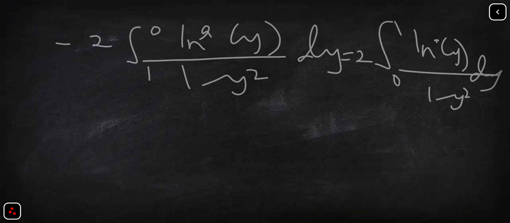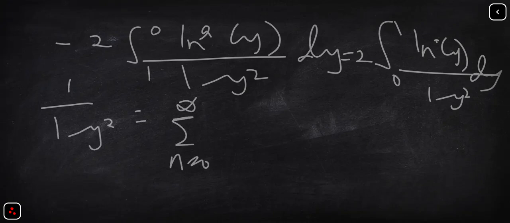So I can use summation, because 1 over 1 minus y squared is the sum of n from 0 to infinity of y raised to the power of 2n. That is the sum I'm going to use in solving this particular problem.